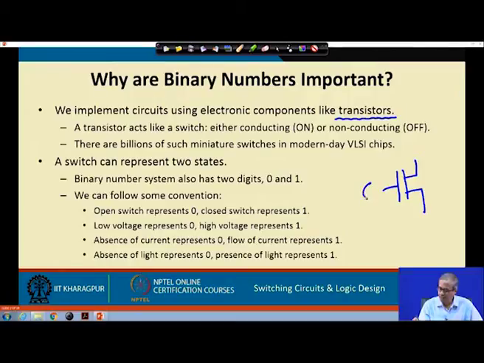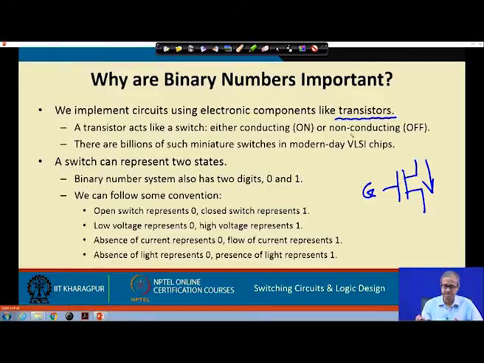Depending on what we apply to a terminal called the gate, there may be a current flowing between the other two terminals, or there may not be any current flowing. So, a transistor acts like a switch. G can be regarded as a controlling input, so it is either conducting or non-conducting.